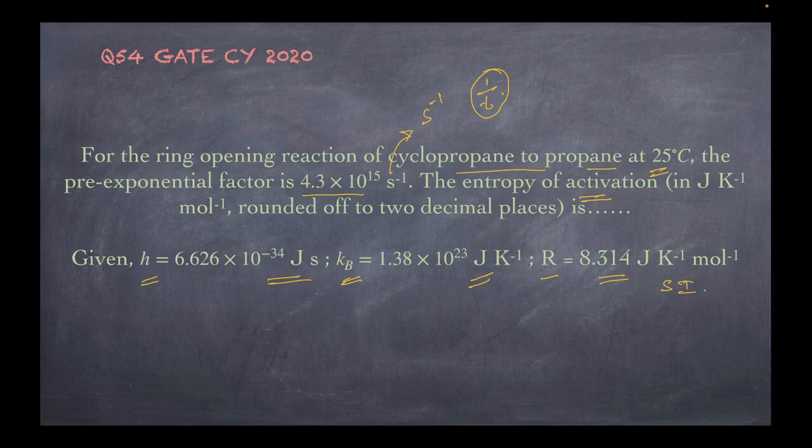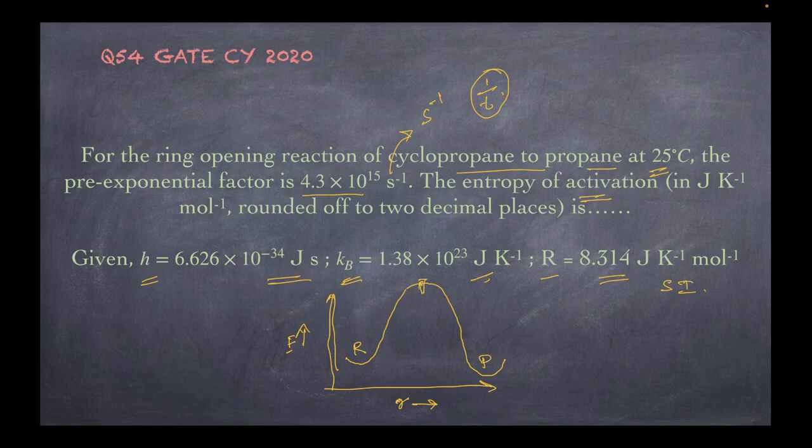So in the reaction profile, the y-axis is energy, and the x-axis is the reaction coordinate, let's say R. The reaction goes from reactants to products, one dimensional, let's say. Here are the reactants, here are the products, and this is the transition state. We call it an activated complex.